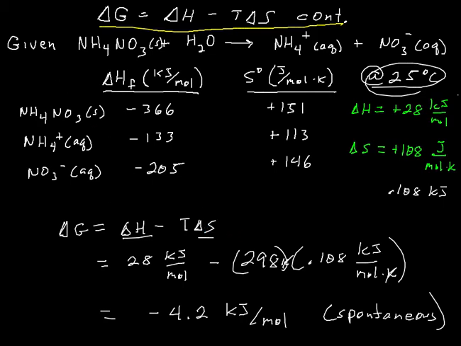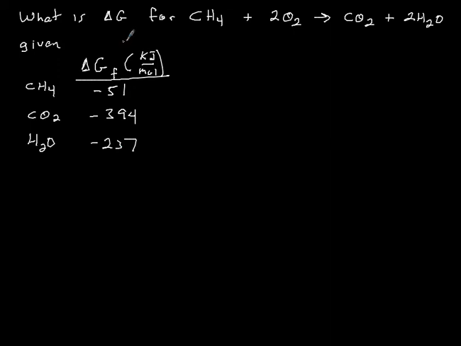So one more example. Okay, so what is the delta G for the combustion of methane given the following delta G of formations? And it gives you the delta G of formation for methane, carbon dioxide, and water. Notice we're lacking oxygen, and we talked about this with enthalpies. Formation is to make a substance from its elements, so there's no delta G here. The delta G for oxygen is 0, so we can ignore that one.